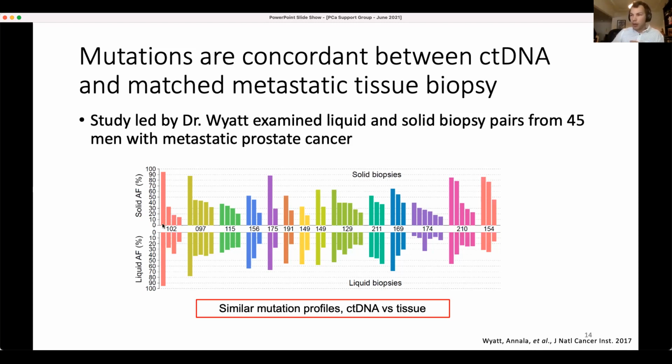And each of these bars here represents a mutation. And you can see that the top and bottom look essentially identical. So in other words, this means that the mutations that we identify using our blood test are the same mutations that are present in the patient's tumor. So this is a foundational technical validation that this assay really does capture information that's clinically relevant.